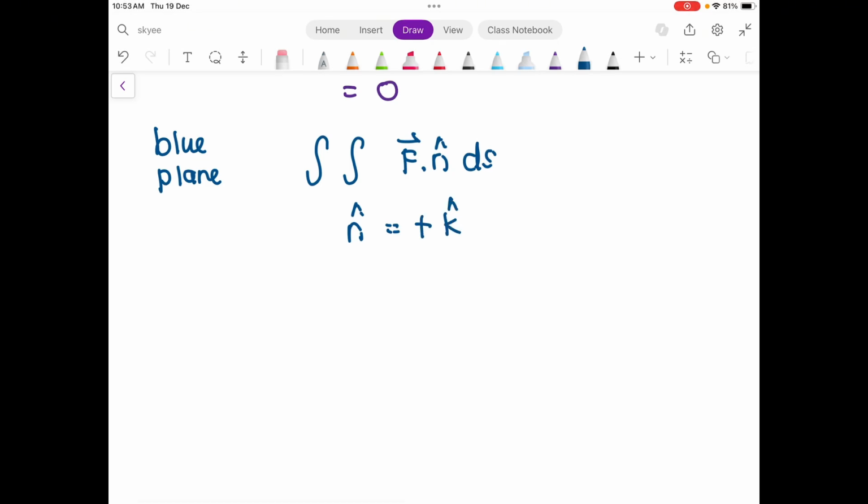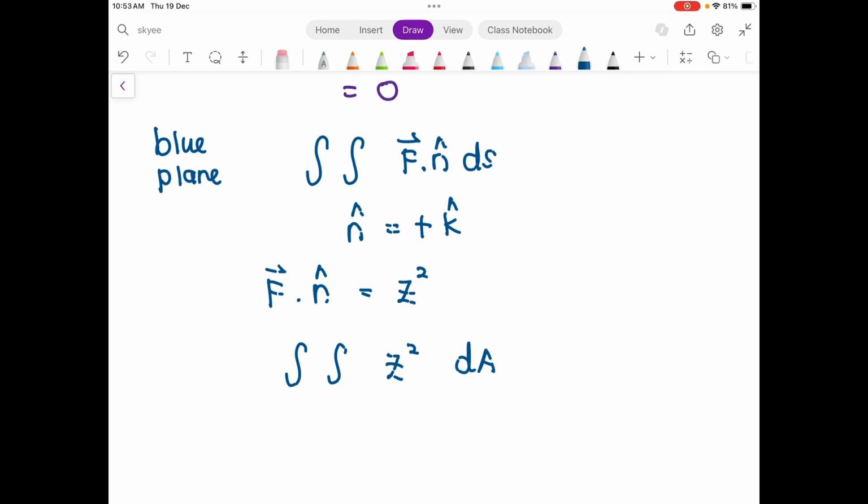Okay, so now we dot product the F with this. Since we dot product with the k, you will have this z square left. So you integrate z square dA.